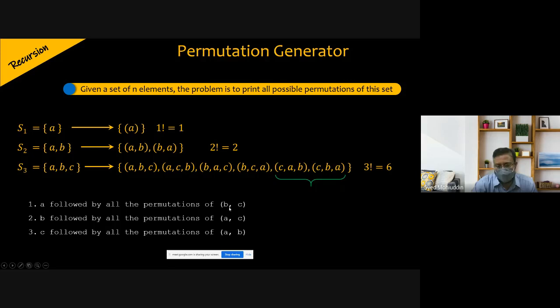It is nothing but B followed by all permutations of C. So this forms, again, a classical recursive problem.